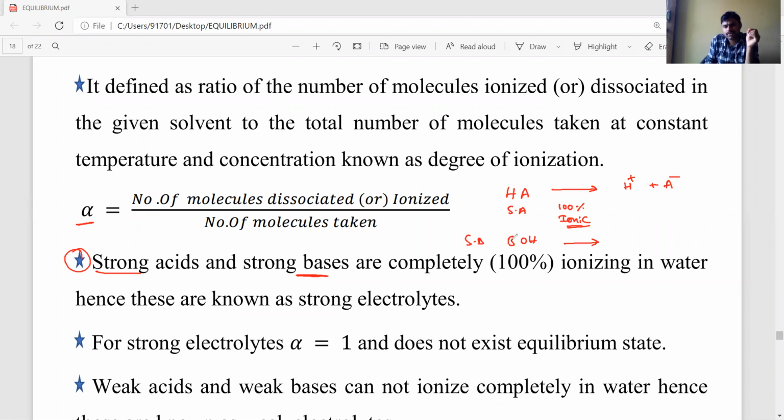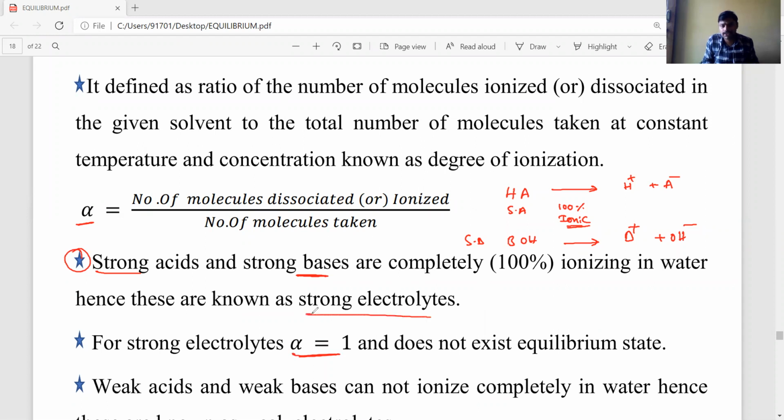For example, 1 mole of strong base gives 1 mole of B plus and 1 mole of OH minus ions. All the molecules taken are dissociated, so the number of molecules dissociated to the number of molecules taken is the same. That's why the alpha value is 1 for strong acids and strong bases.